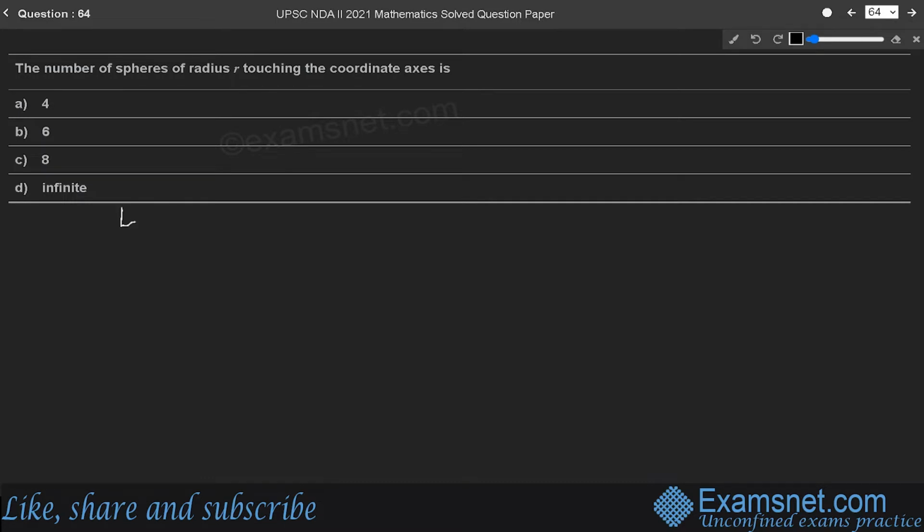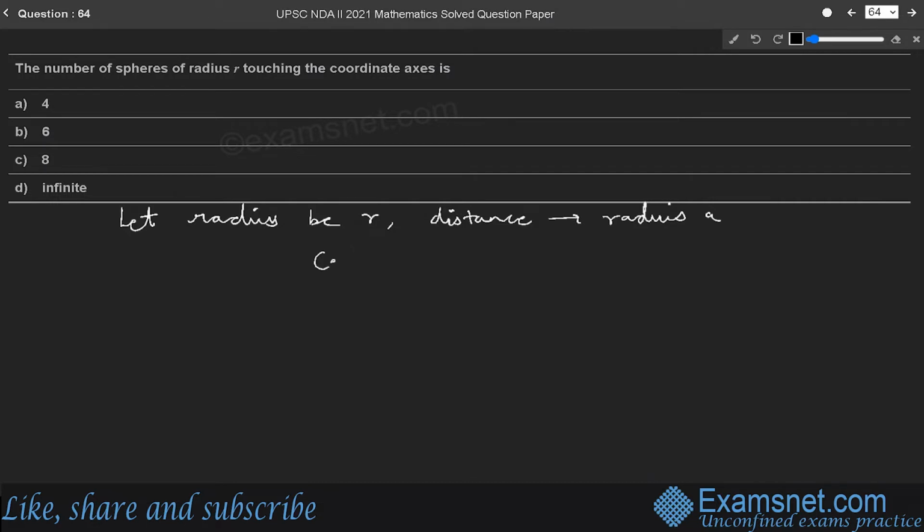So here let the radius of the sphere be r and let the distance of its center from the coordinate planes which it is touching be equal to the radius.